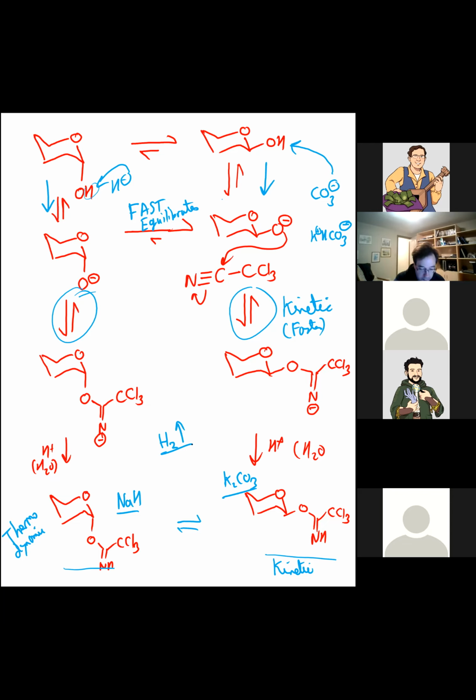So if we think about this equilibrium here, I always want to make sure I get this right. In both cases, we're going to make this guy first, no matter what base we use.